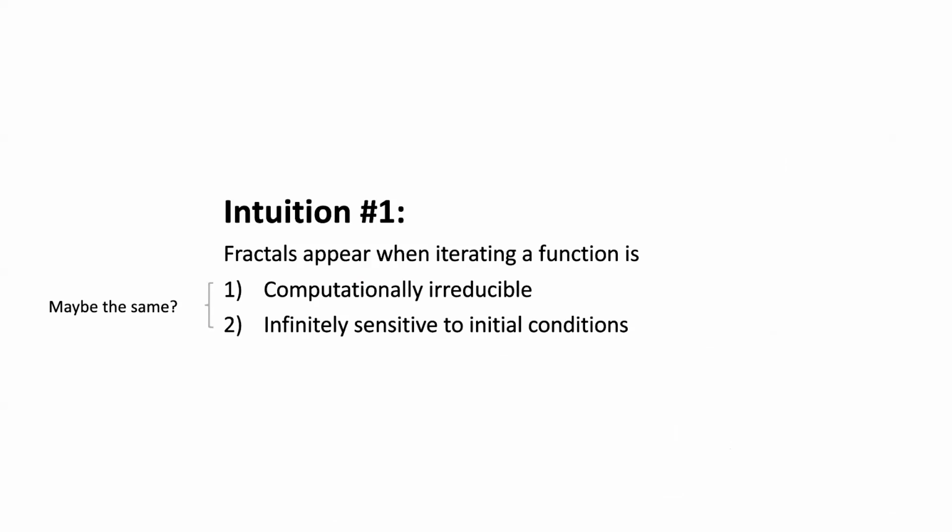And actually, my current hypothesis is that maybe these are the same thing. I haven't found a mathematical theorem. Maybe someone actually knows of such a thing, but it seems pretty plausible to me that we could equivalently state these mathematically, but we'll take them as two separate things. If we see these, we should expect to see a fractal, essentially.